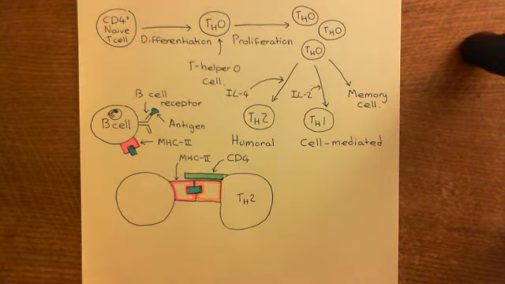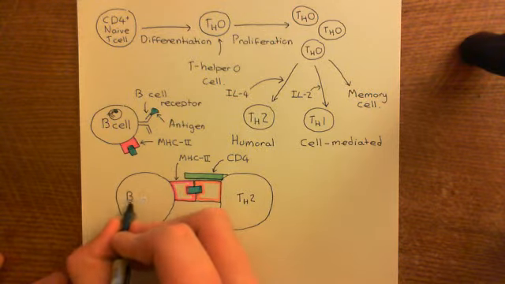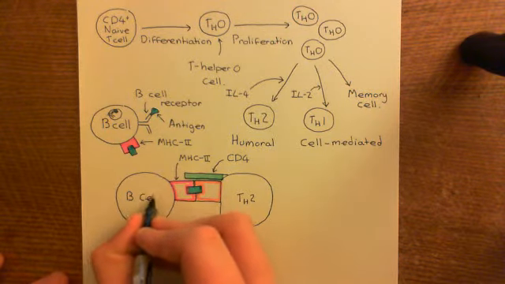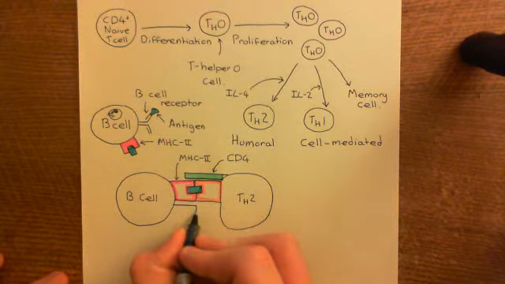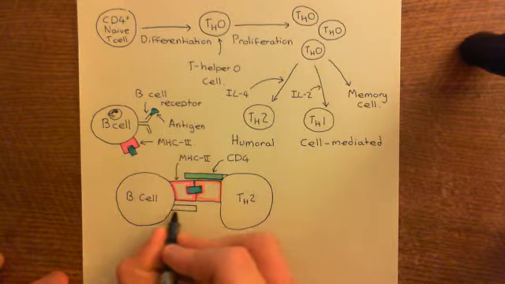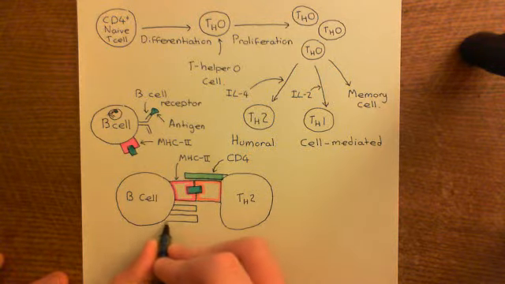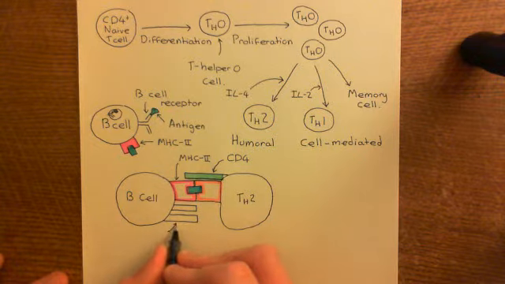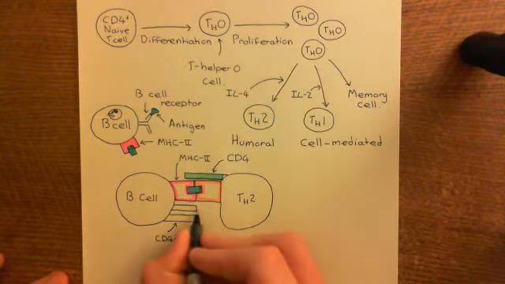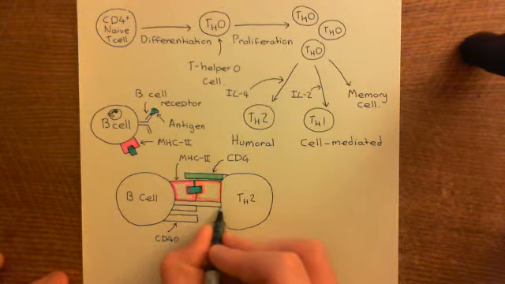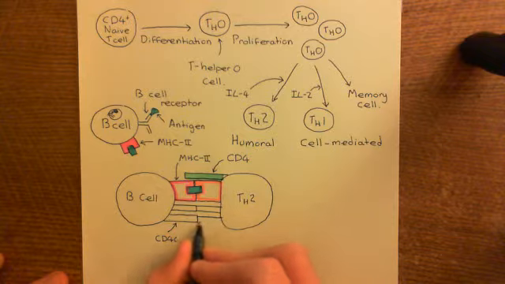And then what's also going to happen is the B cell here, which is still inactive at the moment, is going to also have presented co-stimulatory molecules on its surface. So let's say this is either B7.1 or B7.2, and this is CD40 here, and it's going to bind to receptors on the surface of the T helper 2 cell.